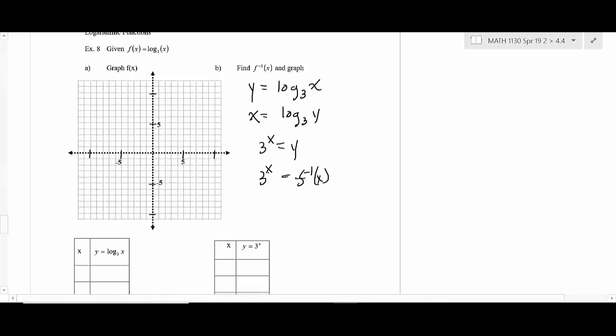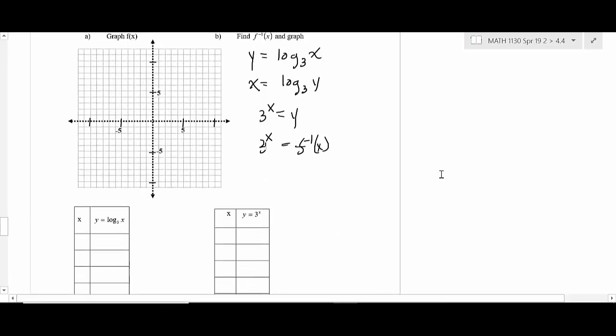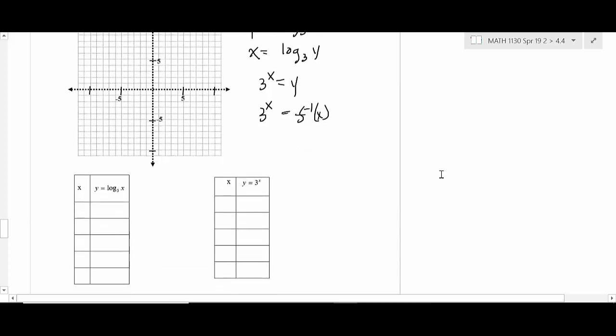Now what we're going to do on this is we're going to make a table of values for 3 to the x because it's easier. Then we're just going to flip the points. Okay, so when you're doing a graph of 3 to the x, well then you can use these basic points. In an exponential, x is an exponent, so it can be anything.